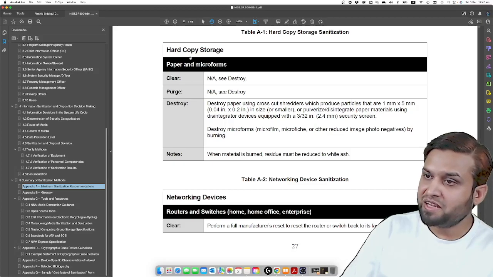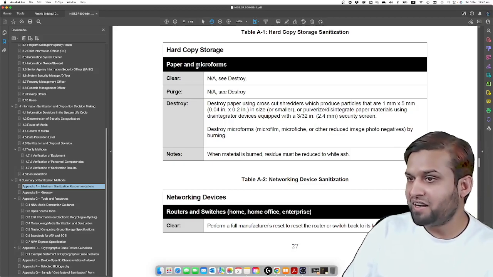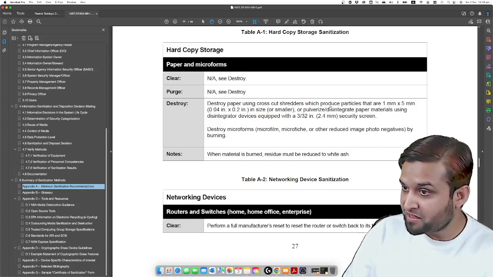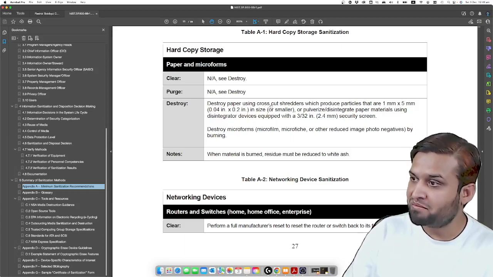Like, this table, I find it kind of funny, but this is important for paper and microforms. What they recommend is the size of the destroyed paper. Basically, you can see here 1 mm by 5 mm in size or less.